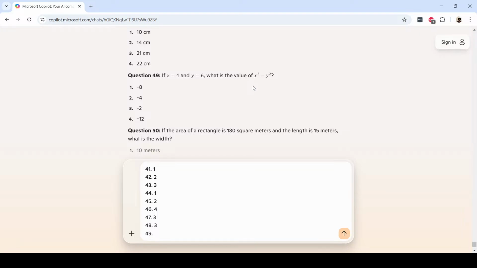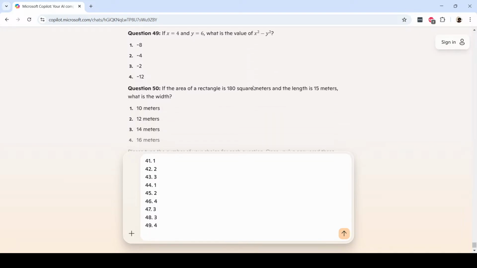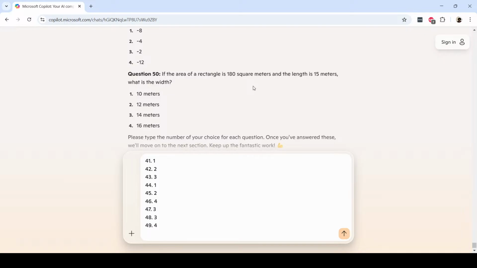Again, wrong. If the area of a rectangle is 180 square meters and the length is 15 meters, the width of the rectangle is this. Okay, so 12.